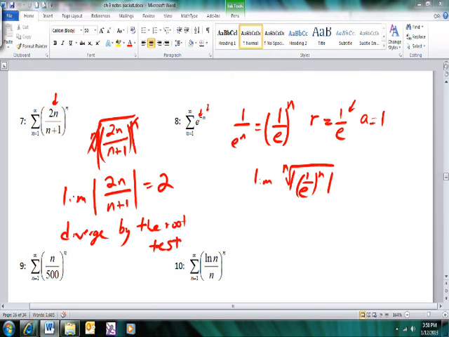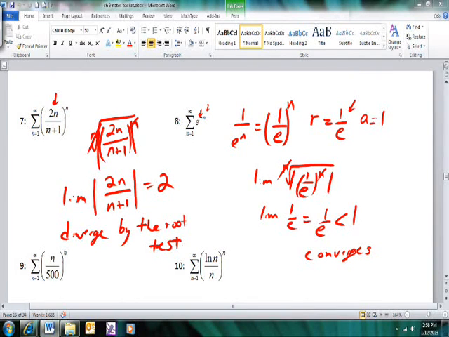The roots cancel out, and you end up with the limit of 1 over e. Oh, I don't need the absolute values at all, which is just 1 over e, which is less than 1, so it converges like we knew. Converges by the root test.